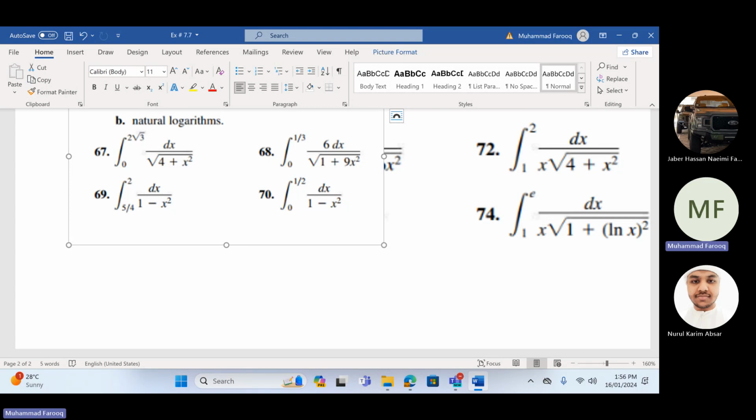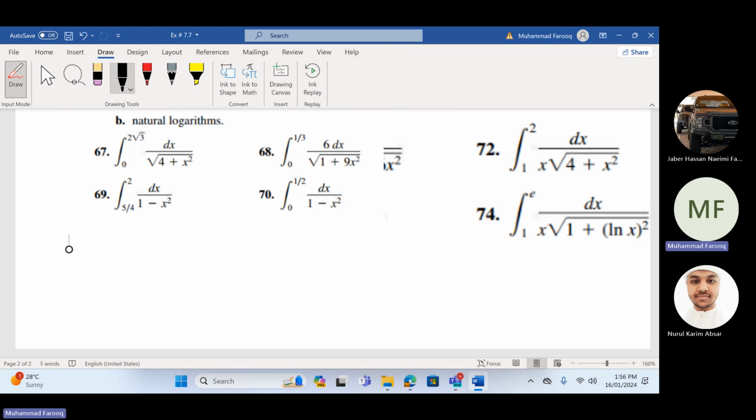So integrate from 0 to 1/3, 6 dx divided by the square root. Here, take 9 as a factor, so you have 9 times (1/9 plus x squared). We don't leave the 9 there. The coefficient of x squared must be 1.